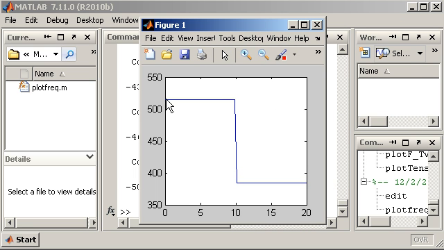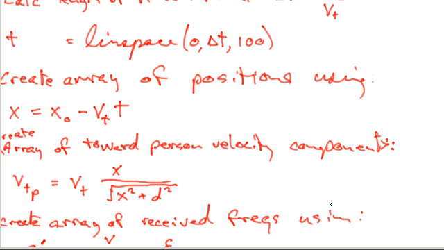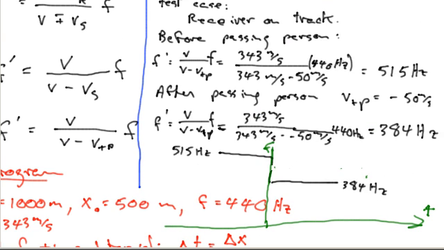And I got frequency. Yeah, 515 is the number I remember. It looks like it's going down to about 380. I think it was 385, 515 to 385. For my check case, let's see. Yeah, 515 to 384. So that actually looks good.